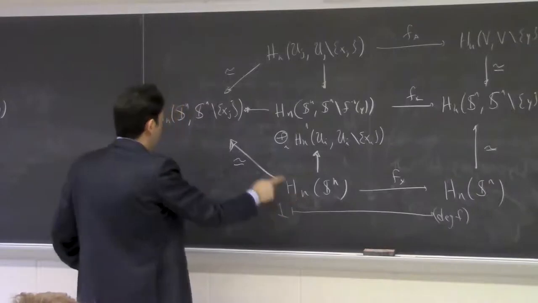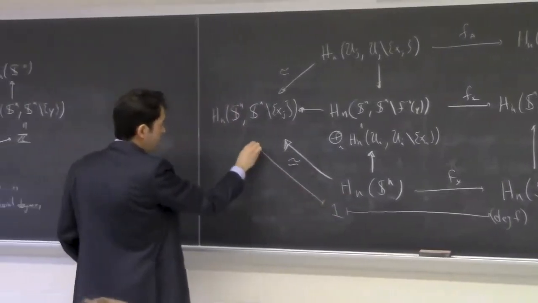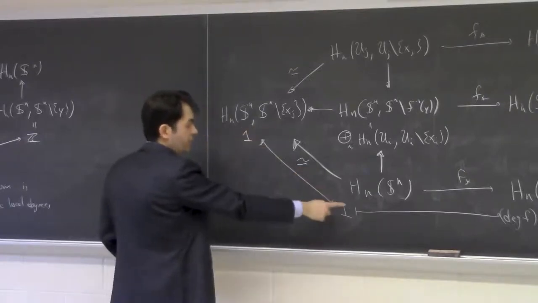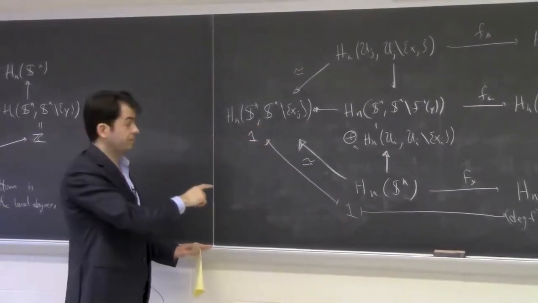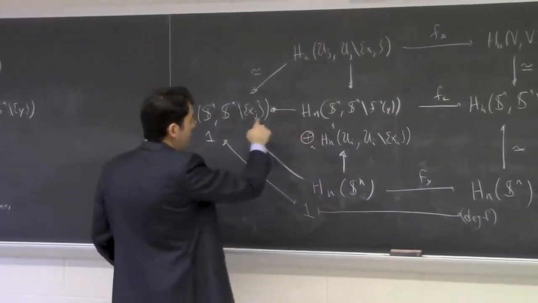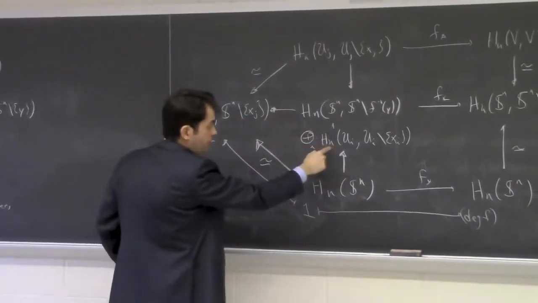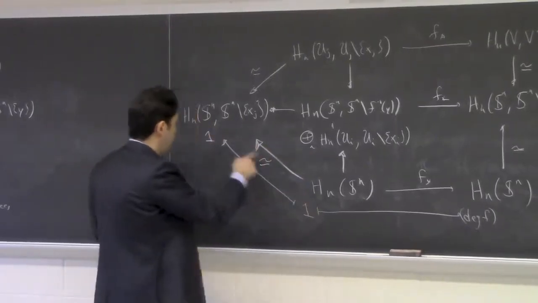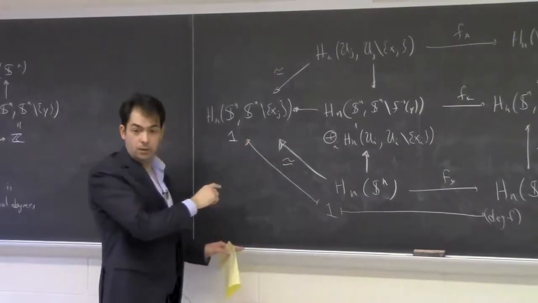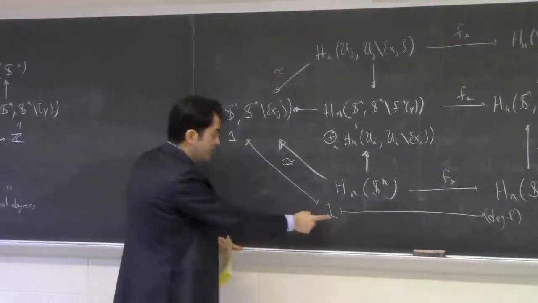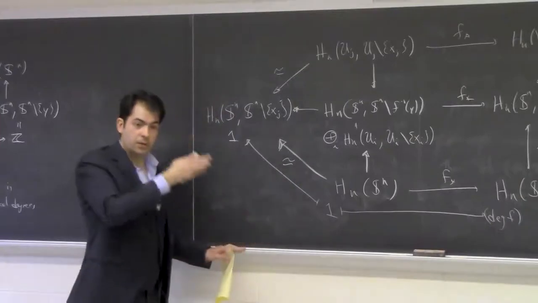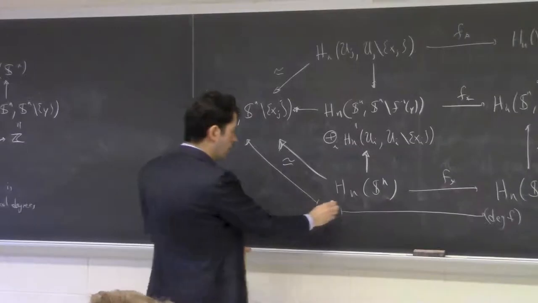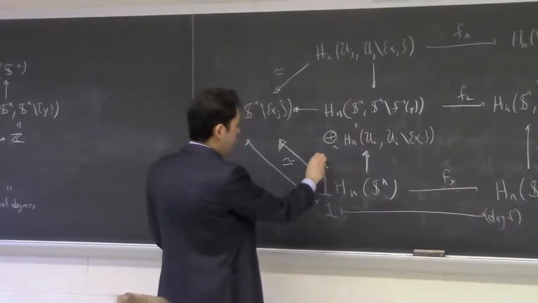Well, we know that if you go this way, you get 1, because we have an isomorphism, and our preferred generator gets sent to our preferred generator. But this map is just the projection onto the jth factor, right? So when you project onto the jth factor, you get 1 for any j, which means that the image of this going up has to be the vector that has 1 in every component. So here 1 going up gets sent to (1, 1, ..., 1).